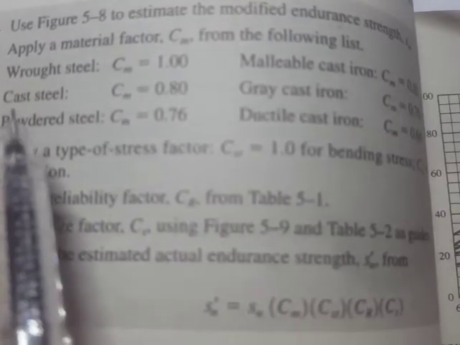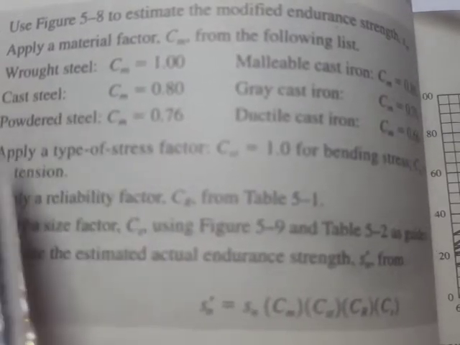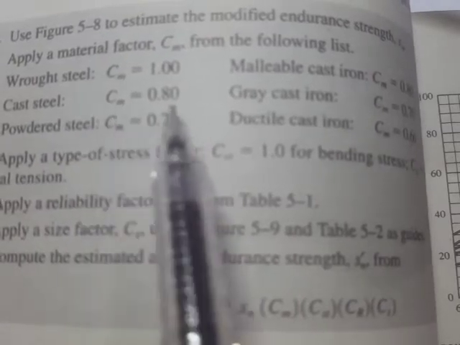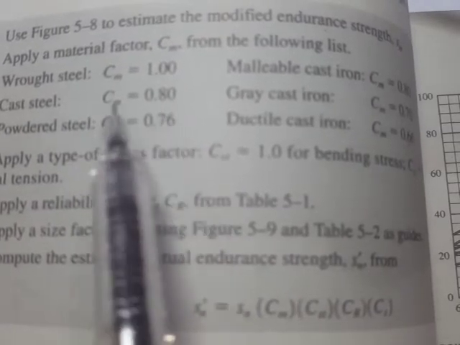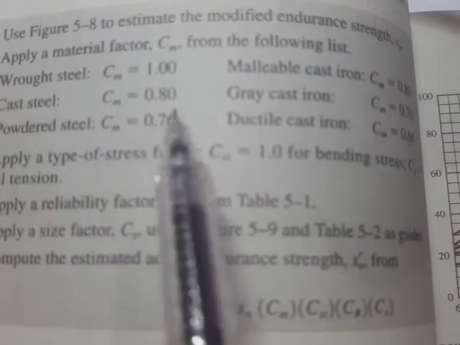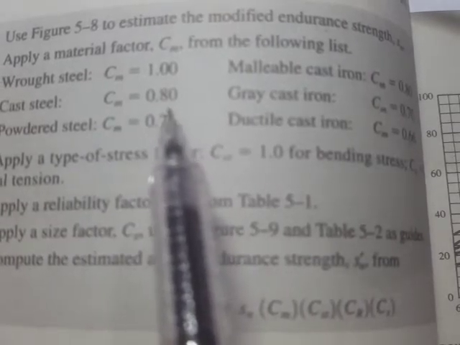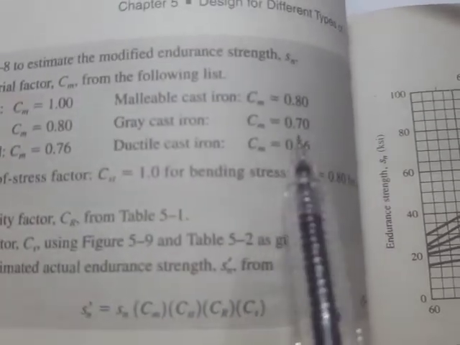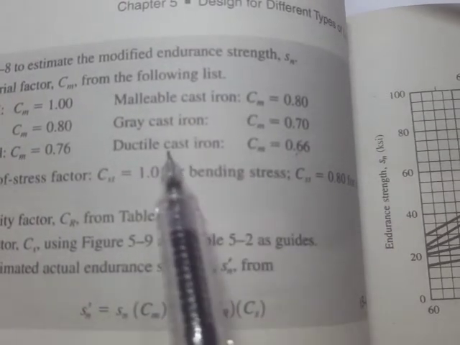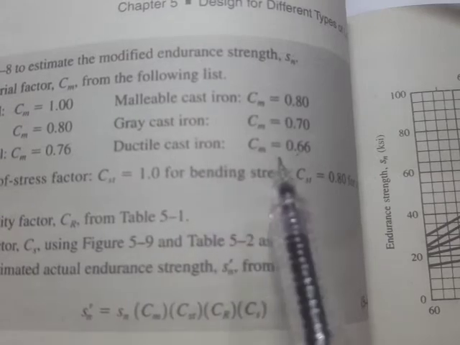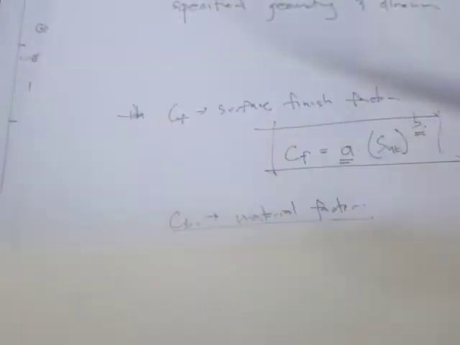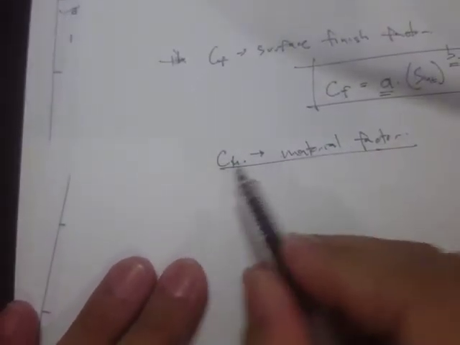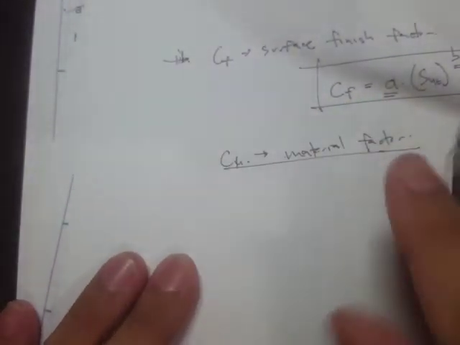If the actual material is cast steel, then we have to take into account this difference in material, so Cm is equal to 0.8. For powdered steel we have this value, for gray cast iron we have 0.7, and for ductile cast iron this is 0.66. So you just have to go to the table for this material factor.